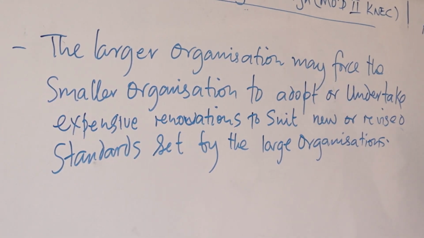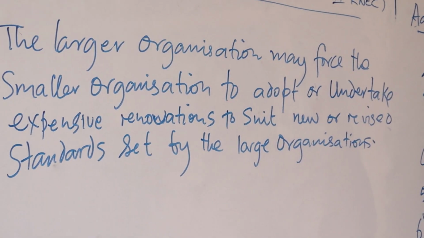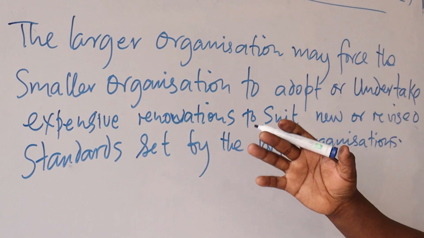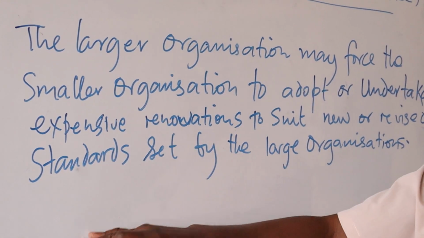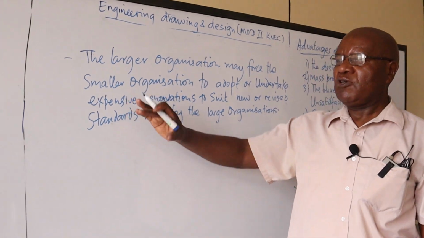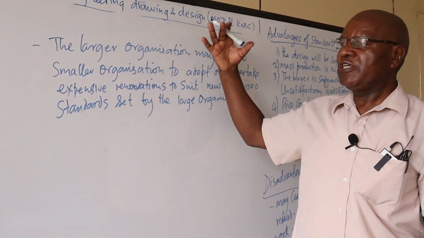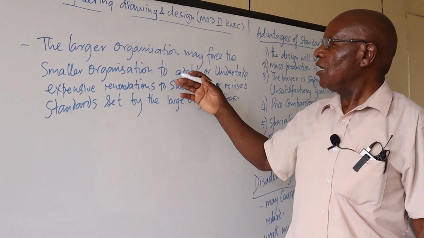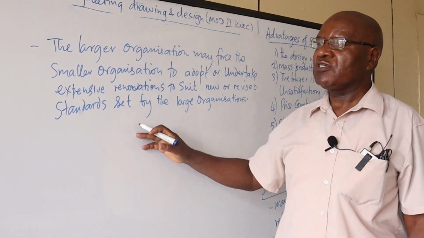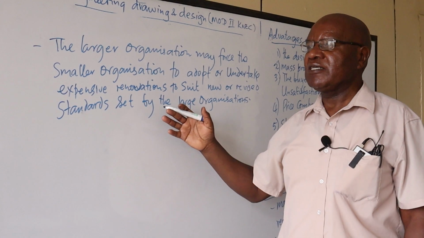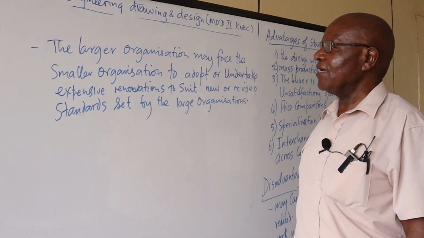Now you've got the members, the correspondent, and the subscriber. Those countries with those kinds of subscriptions, when the members meet together, they come up with a standard. Then the subscriber members and the correspondent members, if they want to do trade, then they have to adopt the new standard or undertake expensive renovations if they want to continue doing business with the other countries.